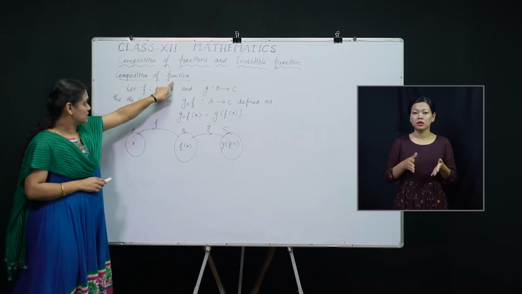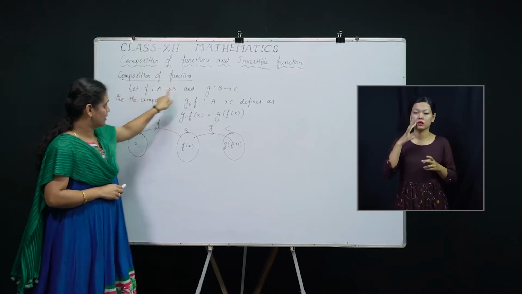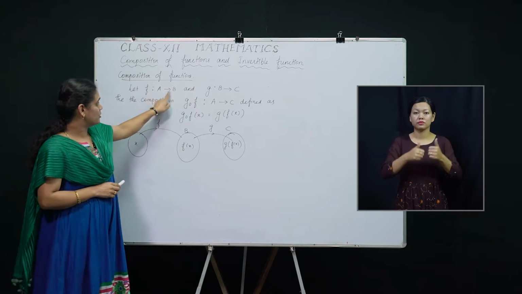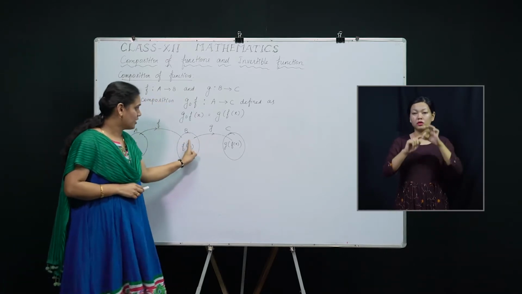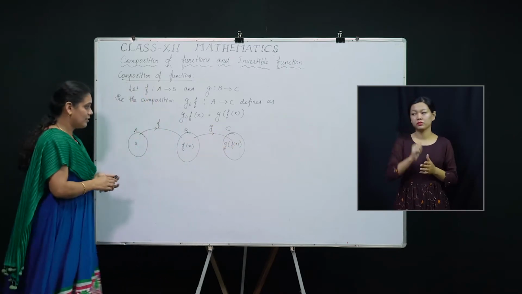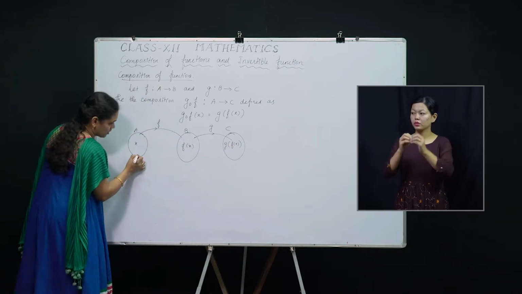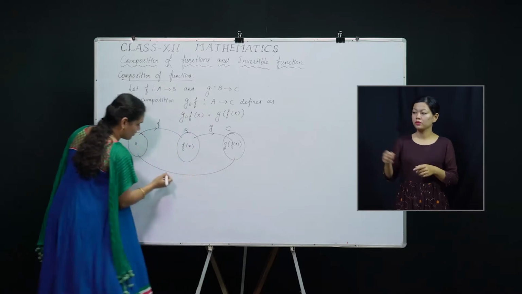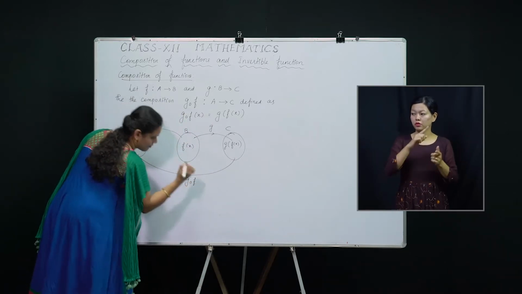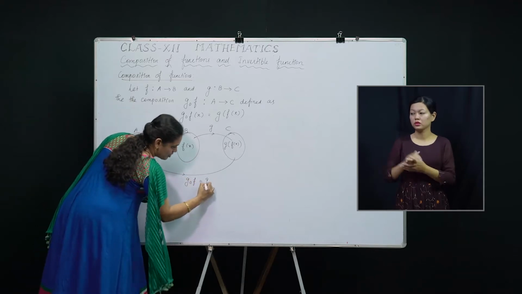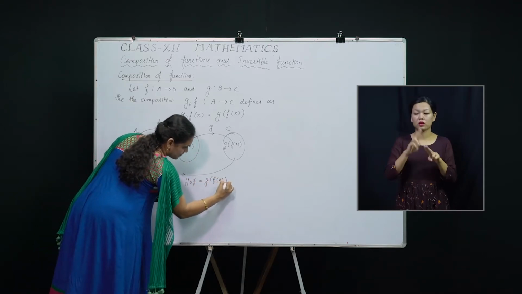And composition of functions. If you take two functions, f and g, f is a function from A to B and g is a function from B to C. Then we can find the composition of these two functions, from A to C, and we denote it as g o f. It is defined as g of f of x.